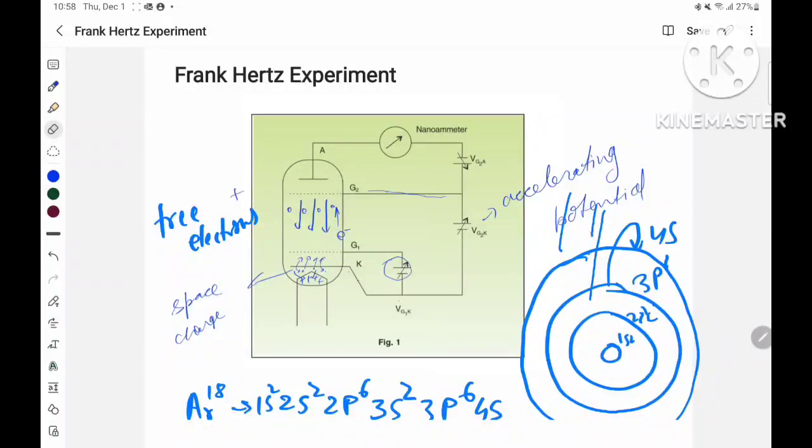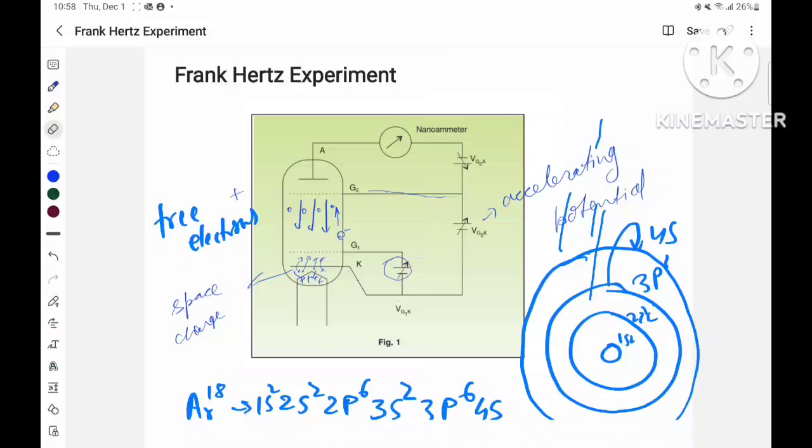So once the free electrons gather this much energy that they can transfer their energy to the electron in the argon atom so that it can jump from 3p to 4s, the argon atom absorbs the energy of the free electron, and the energy of the free electron drops, okay.